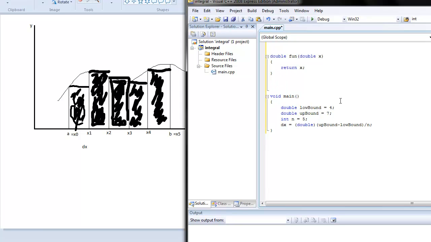It will be called sum integral, double sum integral, and we will be passing arguments double low bound, n, and dx.